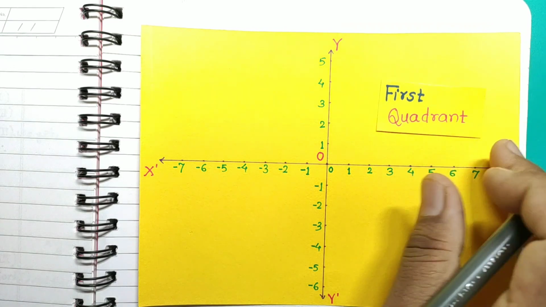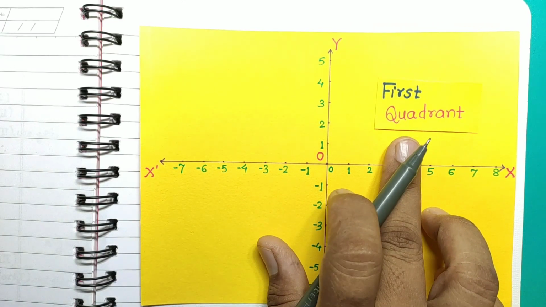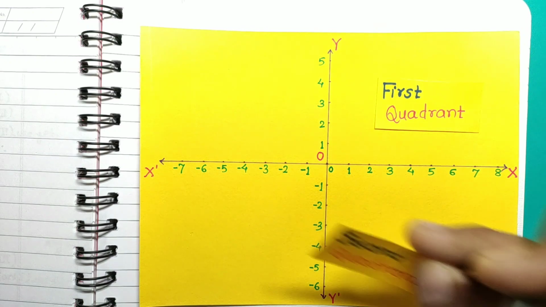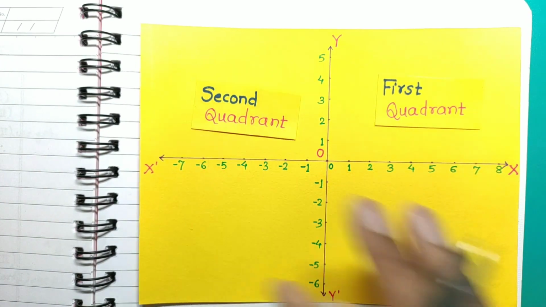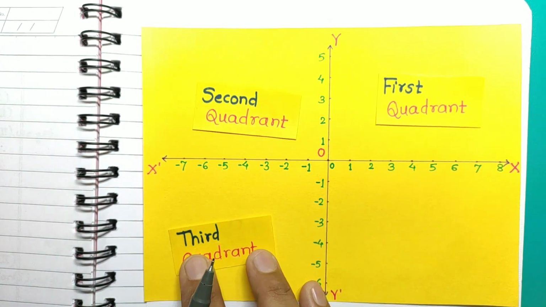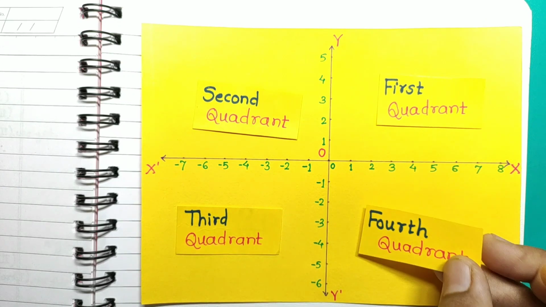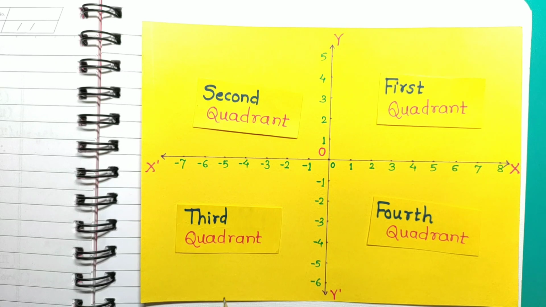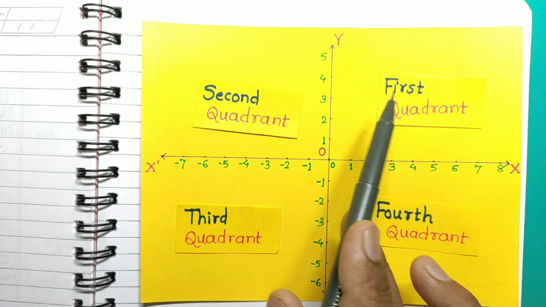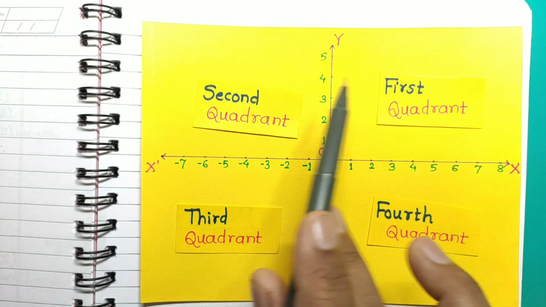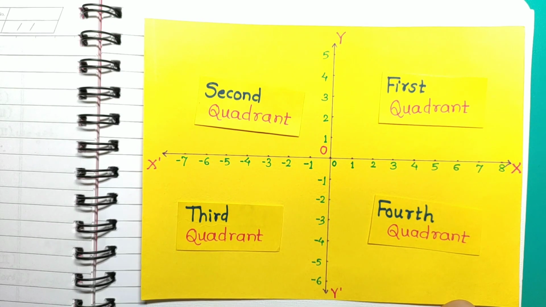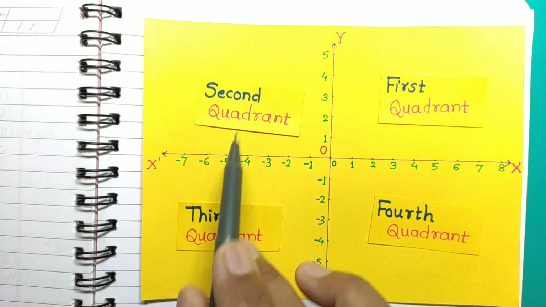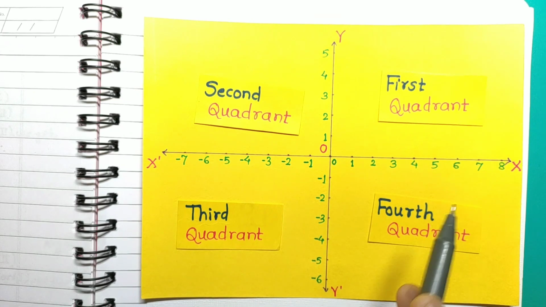This is the first quadrant, then the second quadrant, then the third quadrant and the fourth quadrant. The quadrants are numbered in the anti-clockwise direction.